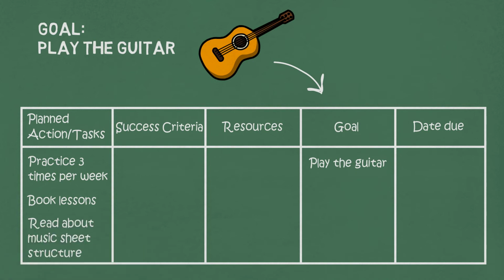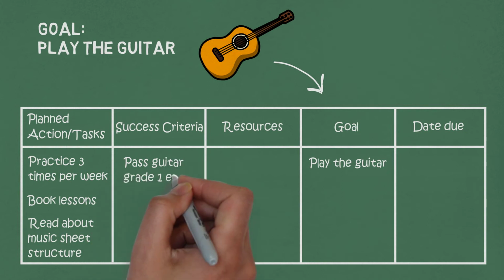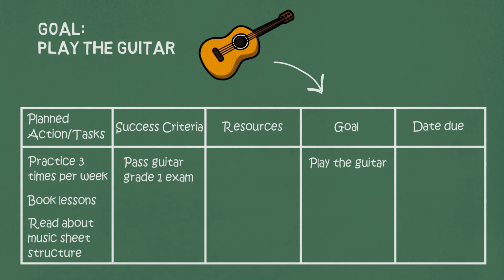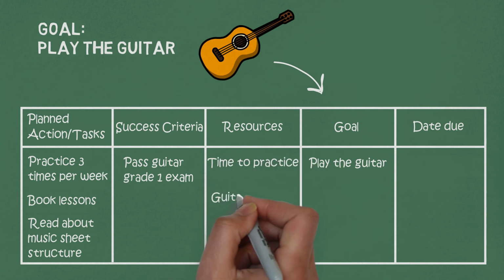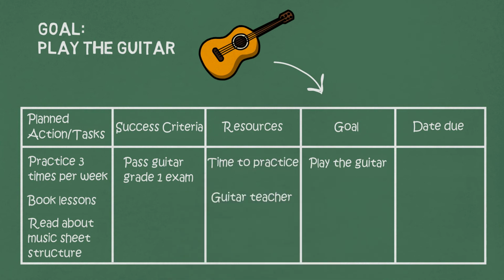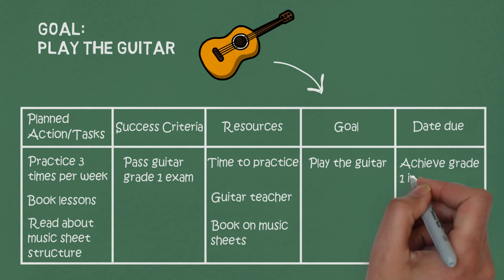A good success criteria could be passing the grade 1 guitar exam. To do the tasks, you'll need resources, such as time to practice, a guitar teacher, a book explaining music sheets. For the due date, you could aim to sit the exam in 3 months' time.